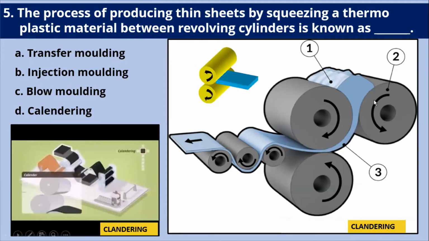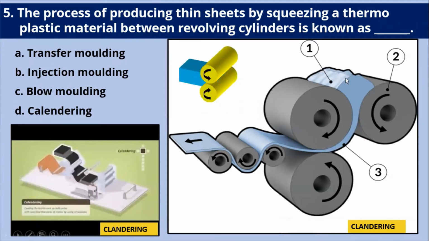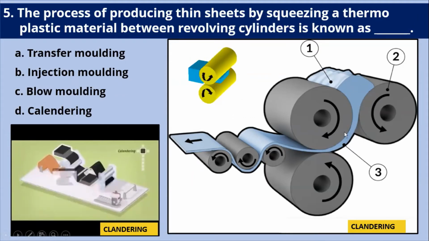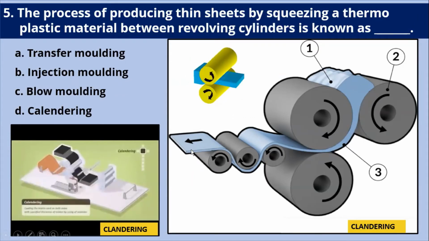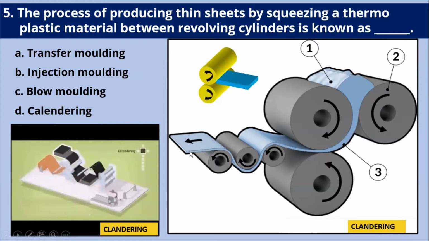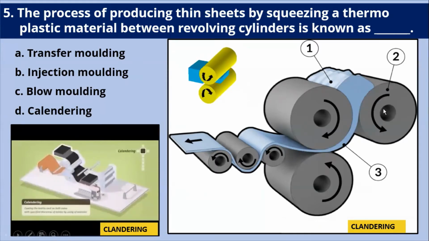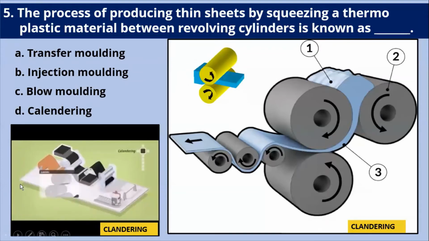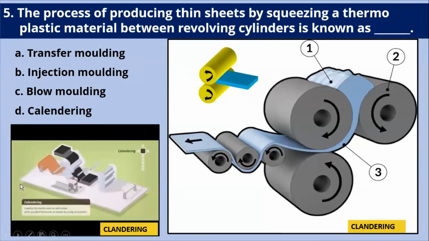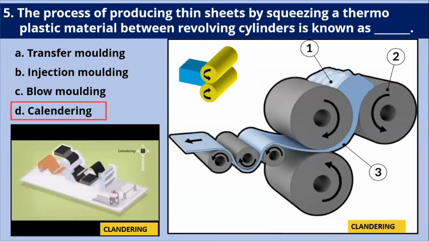I have shown the process here. You can see here the material is converted ultimately to thin sheets just by revolving between the two cylinders, and that's why you can say that our answer is D, calendering.